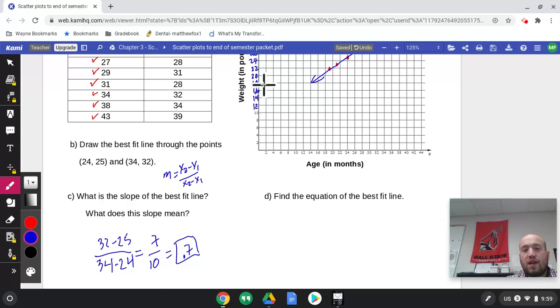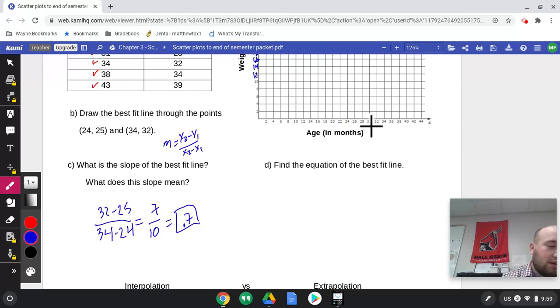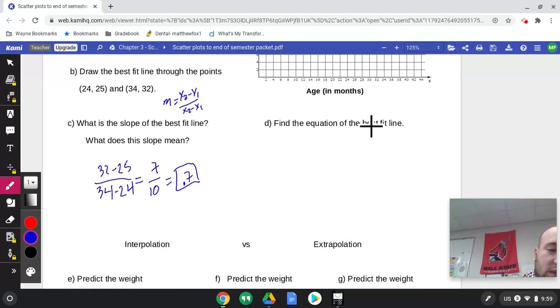So 0.7 pound increase every 1 month. Okay, so each month that passes, the child will gain 0.7 pounds.